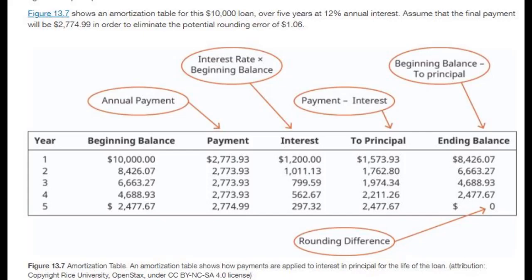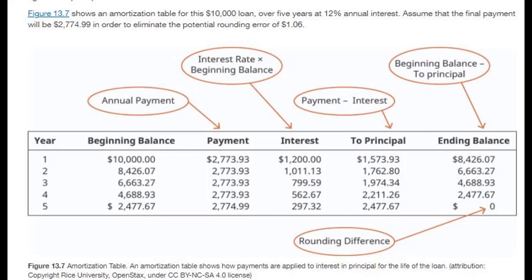There are a couple more things that I'd like you to notice. Number 1, in the early years, this is most obvious in year 1, the portion of your payment that is interest is very large. And then as the years go on, the portion of your payment that is interest gets smaller. Well, that makes sense because in the early years, you still owe a lot of money.